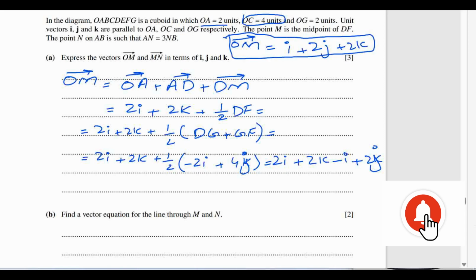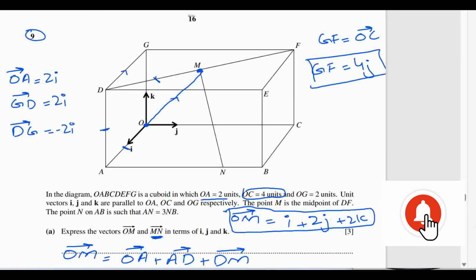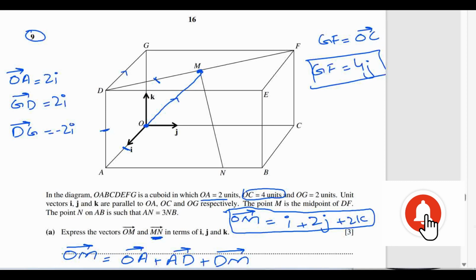Now the next part is we have to find the vector MN. First of all, let's see where the vector MN is. Yes, this one is the vector MN, from M to N. Let me remove the other lines.